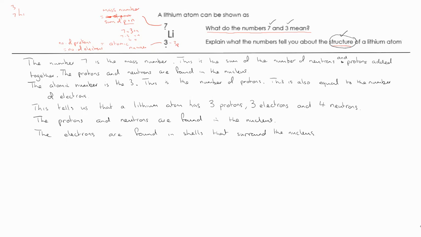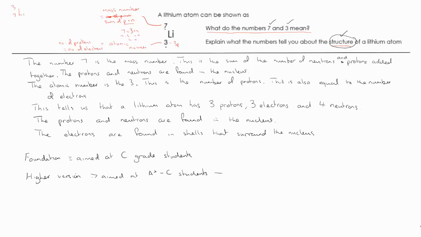Now, this question was on a foundation paper, and it's aimed at C-grade students. If you're interested, there's a higher version of this, which was aimed at A star to C students.